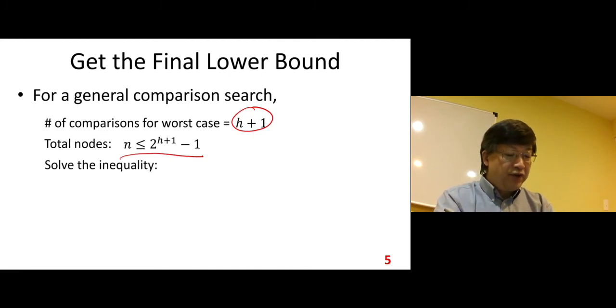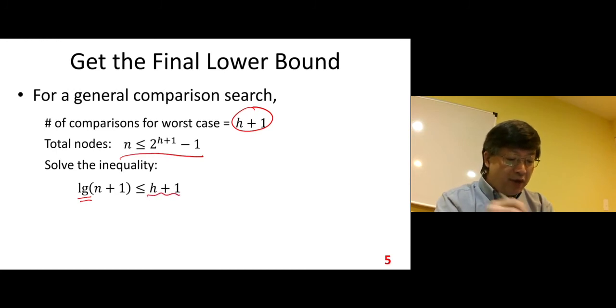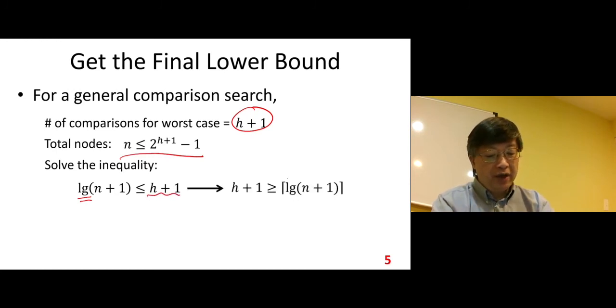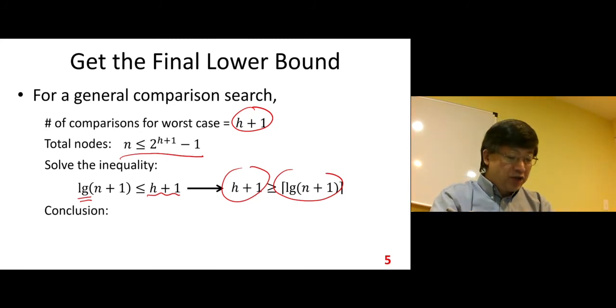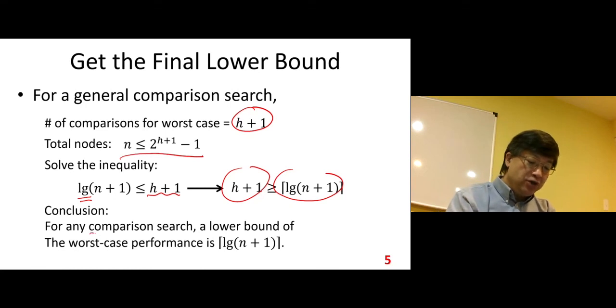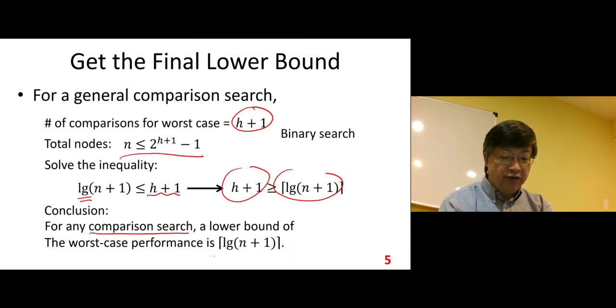So we can solve the inequality using log base 2. And this number is an integer, so we take the ceiling function. That gave us the conclusion. So for any comparison search, a lower bound of the worst case performance is this expression.